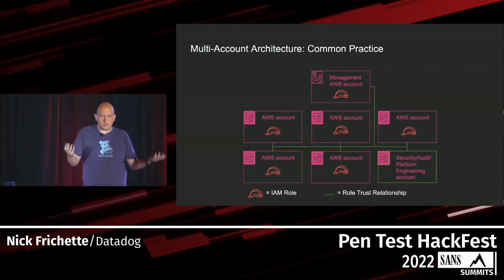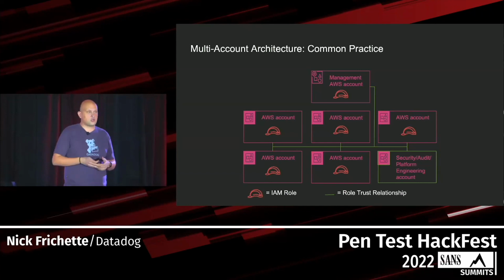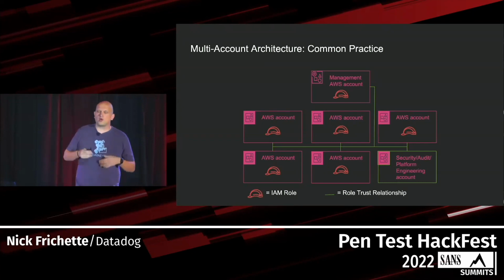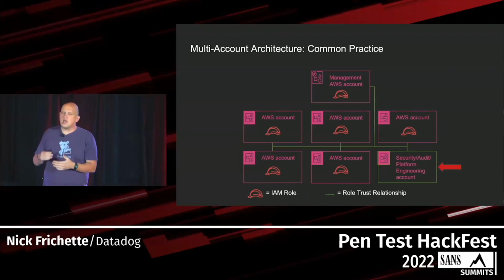Or you may have platform engineering teams who similarly have a need to be able to help troubleshoot their customers, quote unquote. And those roles may too have a trust relationship back to that platform engineering account. So as penetration testers, we want to be mindful about core critical accounts that may exist in an organization that may be excellent pathways to gain compromise over a lot of that infrastructure.